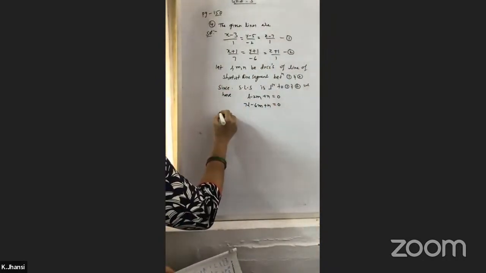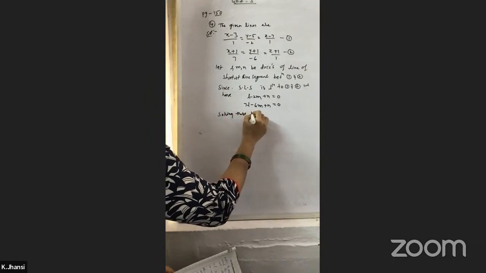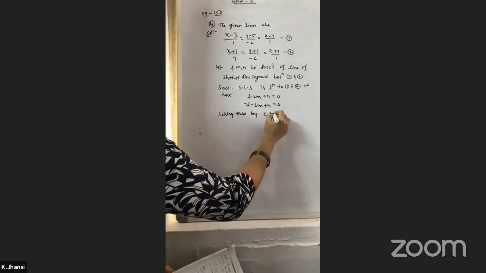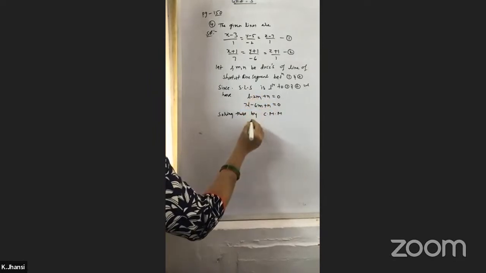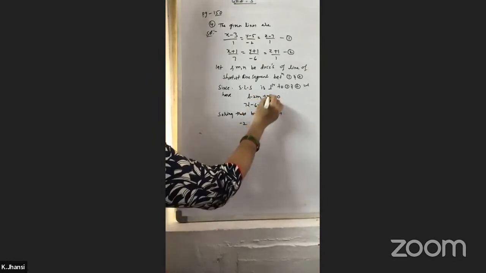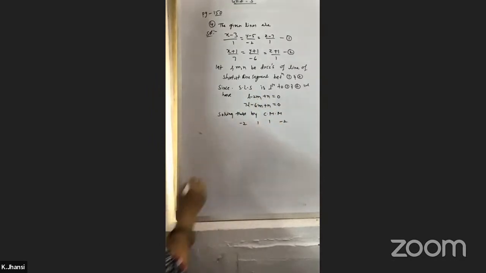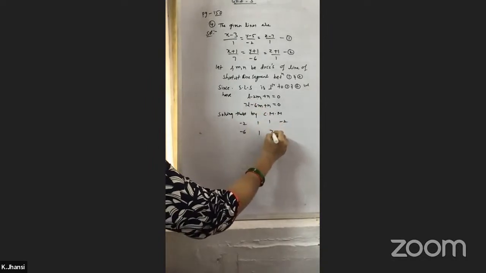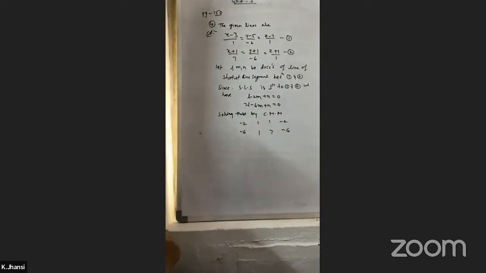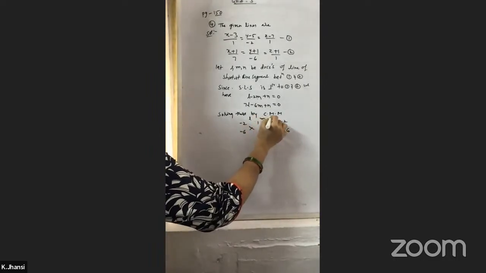Okay, solving these by the cross multiplication method. I hope you know, first we have to write the coefficients of m, that is −2, after that n, after that l, and again we have to repeat the m. Here also −6, this is 1, this is 7 and −6, again you have to repeat. So if you do the cross multiplication of this, you will get the l, m and n values.